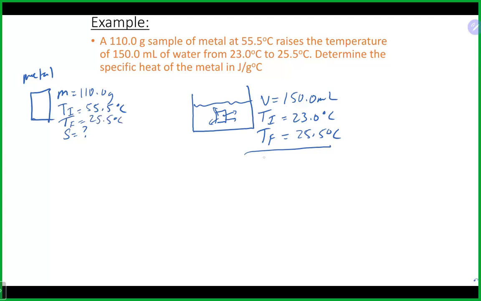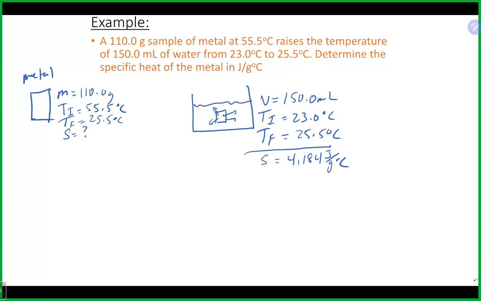Now, one of the other things that we also know about liquid water is we always have the specific heat capacity of it. Again, it may not be given to you in the problem, but that's a number that you always have available to you. And you may have to look up some specific heat capacities on certain problems as well in a table.